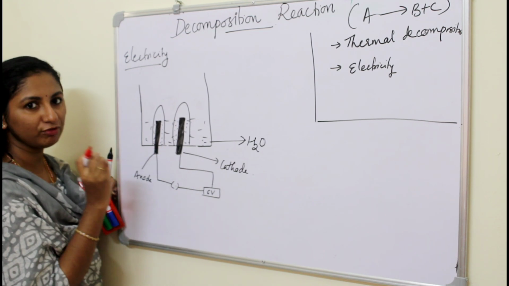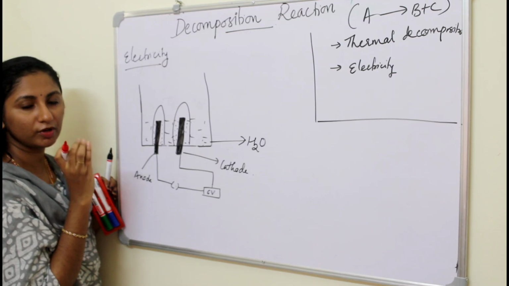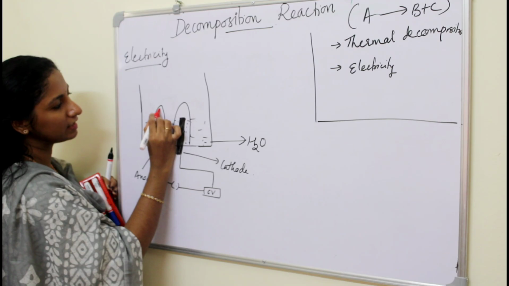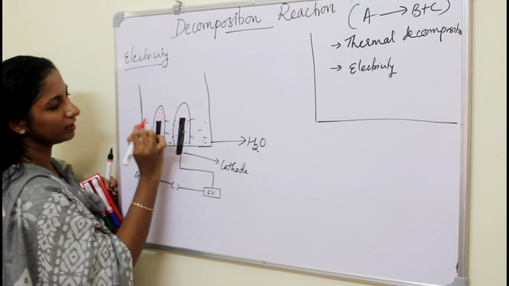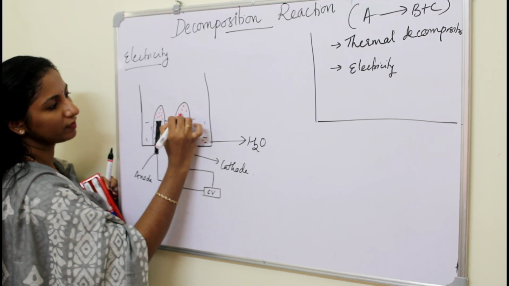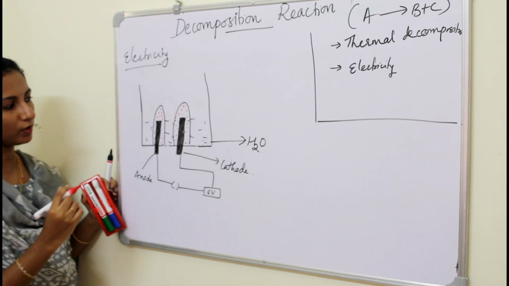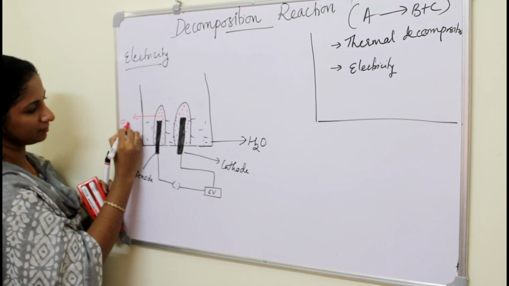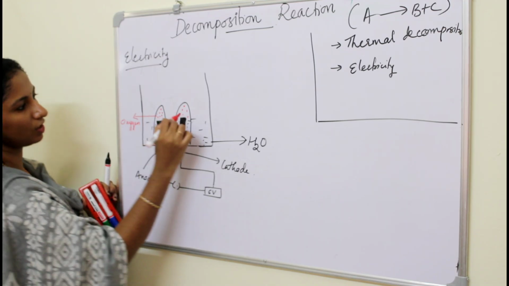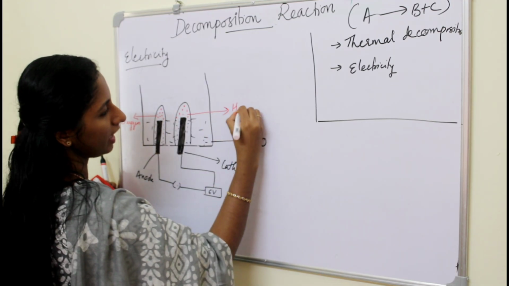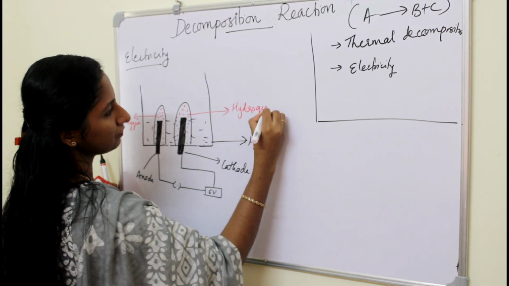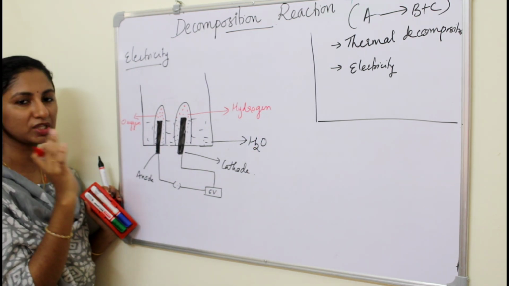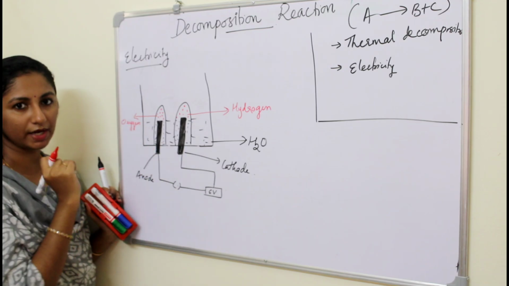There may be production of gas molecules from each electrode, right? From the anode we can see some bubbles, and from the cathode also we can see some bubbles. These bubbles represent oxygen and these bubbles represent hydrogen. These are the two gases produced after this reaction.